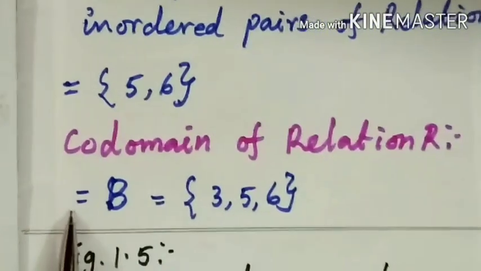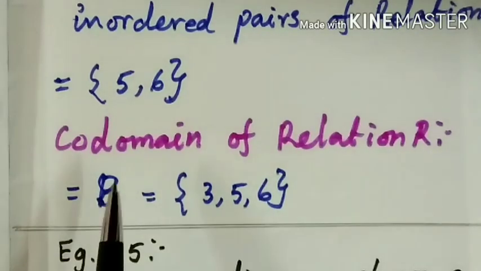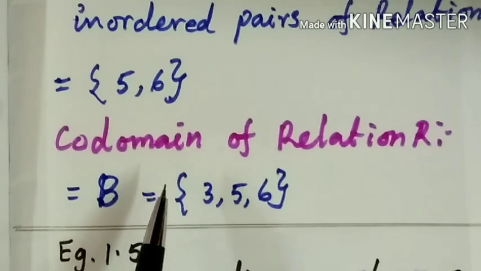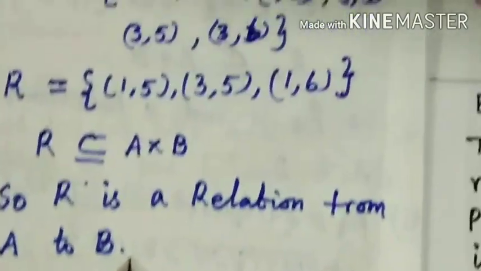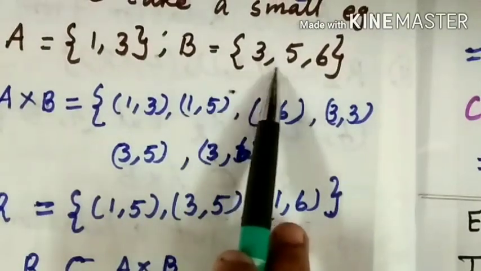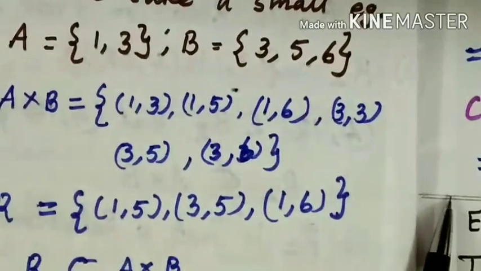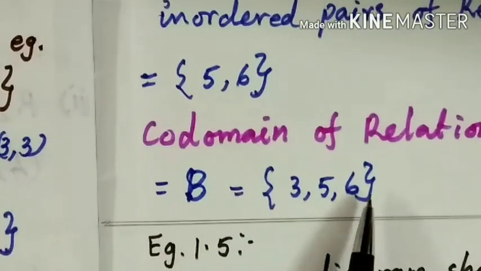Then next we see how to find the codomain of relation R. If R is a relation from A to B, then the set B is called the codomain of relation R. Therefore, in roster form, set B equal to {3, 5, 6}.